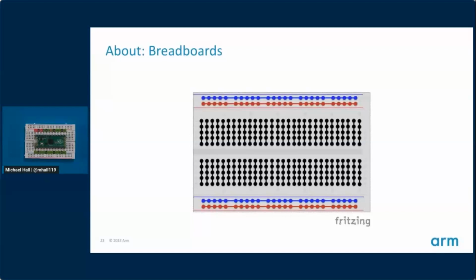For this workshop, though, we're just going to use these kind of parallel lines to connect things up. And you can see the pins line up to the numbers on my sticker there. So all of the holes between them are going to be connected. I can use any of them that I want to connect to the right pin on my Raspberry Pi.